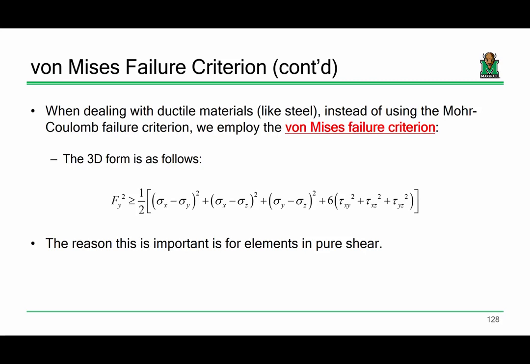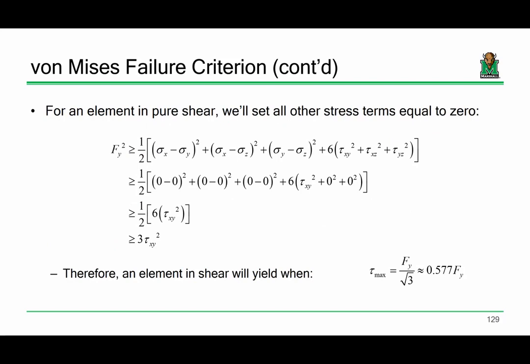Why am I telling you this right now? Because it's important when you have stresses that are in shear. Let's say you had a state of stress that was nothing but shear. So every one of these normal stresses is 0. We have one state of pure shear: one shear stress and everything else is 0.